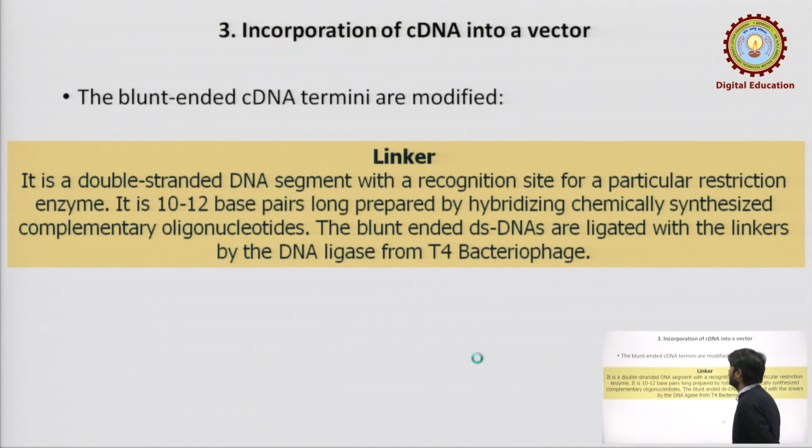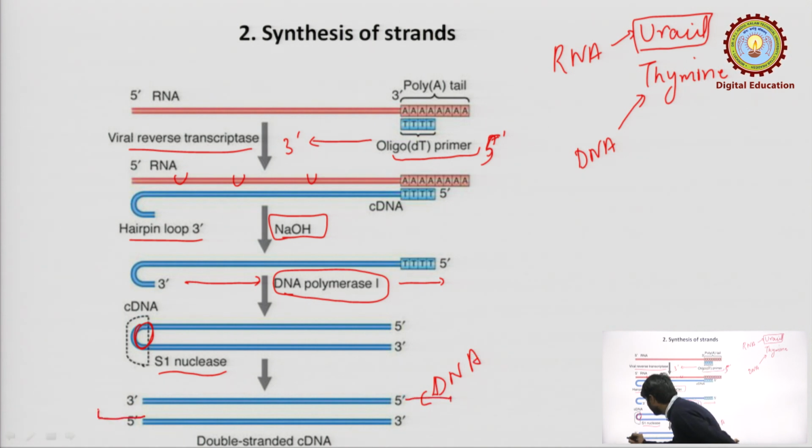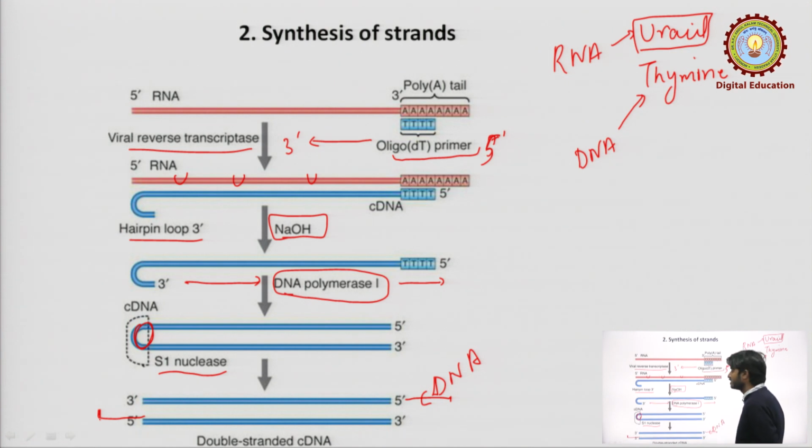So, the next step is incorporation of the cDNA into the vector, but for inserting into the vector, we will require what? We will require some blunt ends.